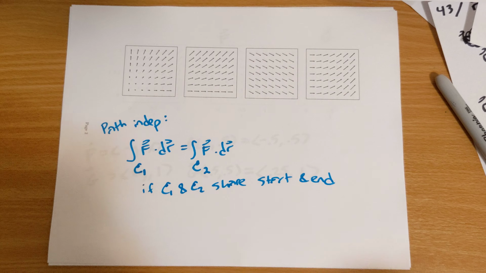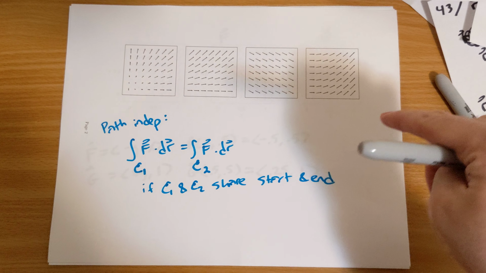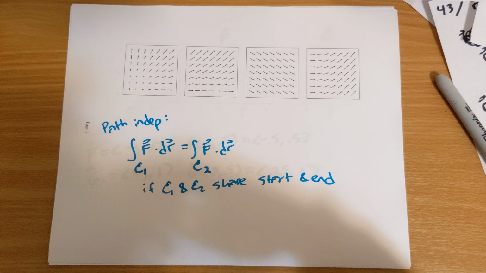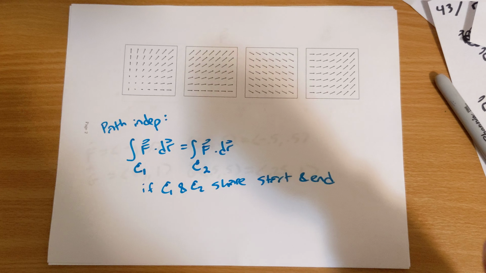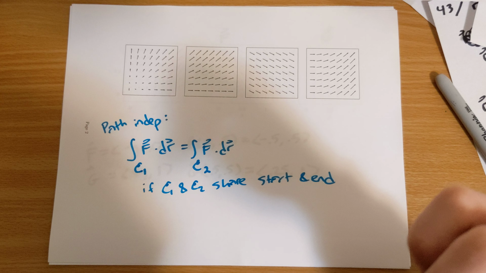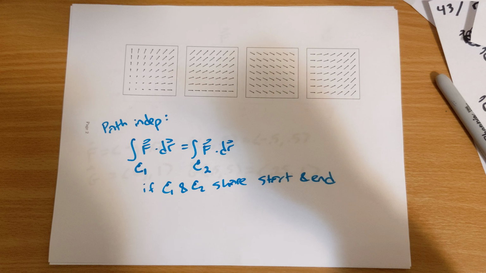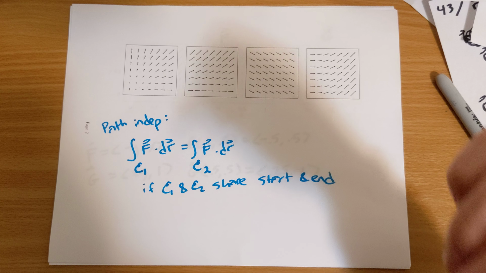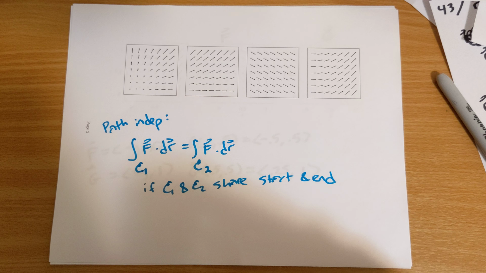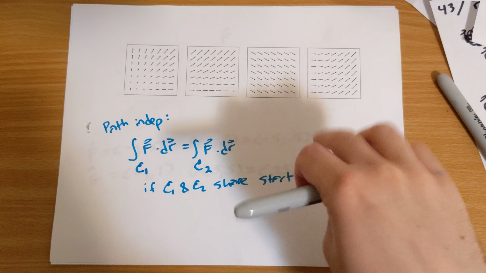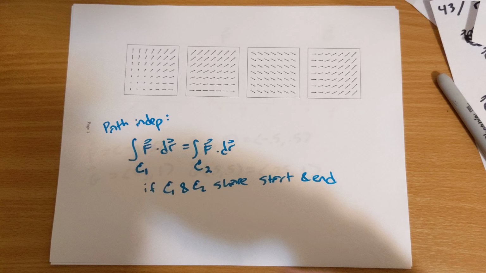So what we're going to do is pick the one that's not conservative, and pick two paths in there. With the two paths, they'll start at the same point, end at the same point, but the line integrals will be different. And so that will be enough to show it's not path independent.